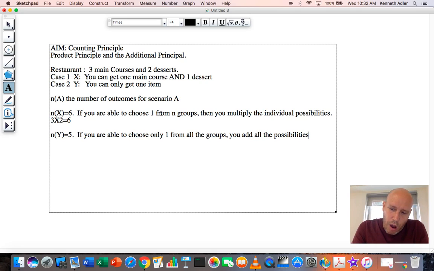So clearly 3 plus 2 equals 5. So this first unit is very basic. In general, the word "and" means multiplication. The word "or" is basically addition.